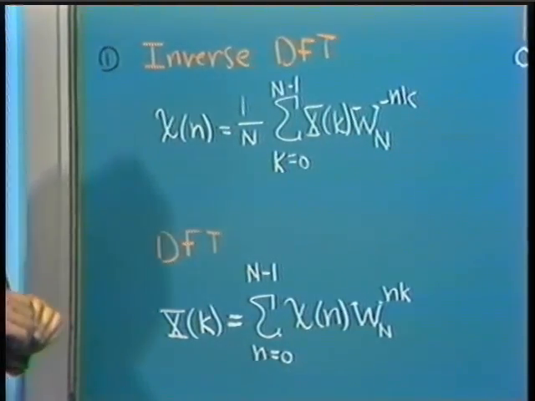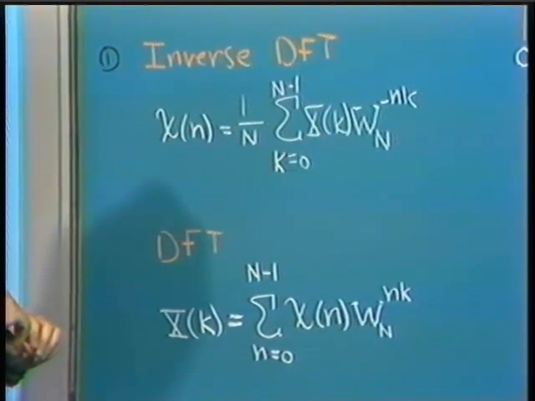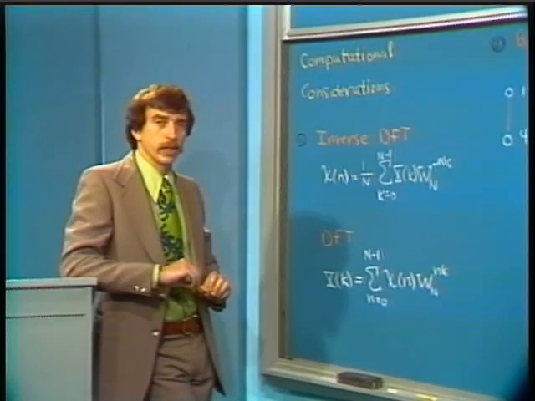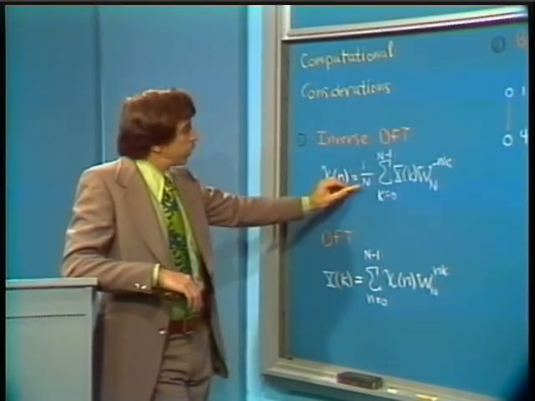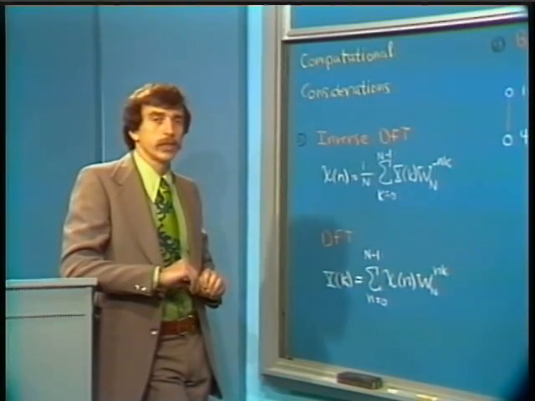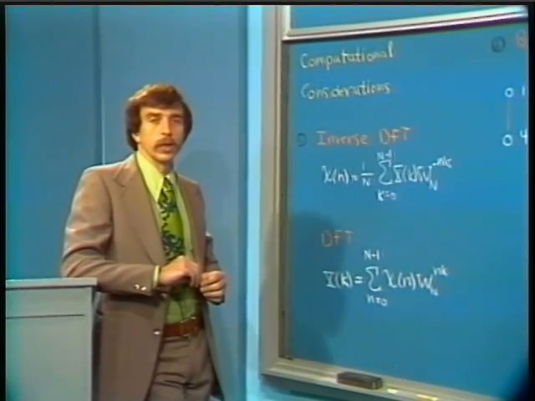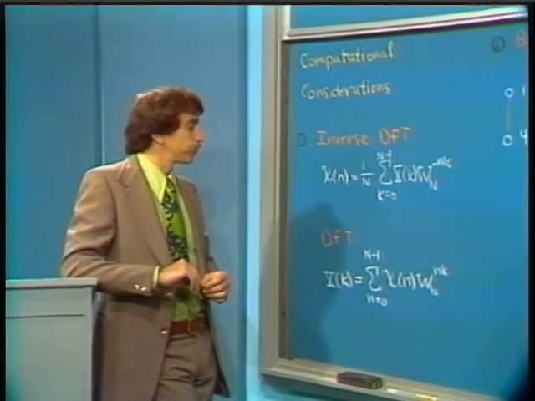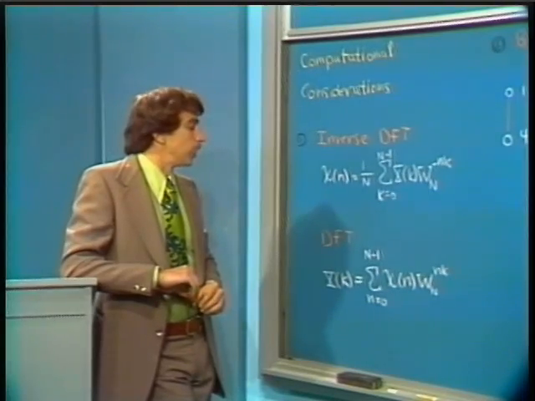To use the algorithms that we have just been discussing for the computation of the inverse discrete Fourier transform, the modification is relatively straightforward. First of all, it involves a factor of 1 over N, which we can accommodate in a number of ways. One is, of course, by shifting the output or by applying scaling at each stage of the FFT, for example. So this factor of 1 over N is easily accommodated.